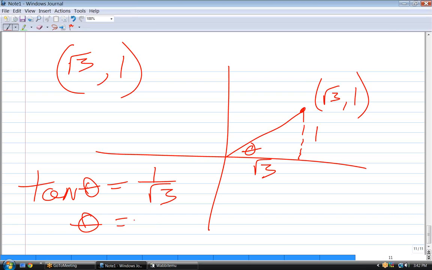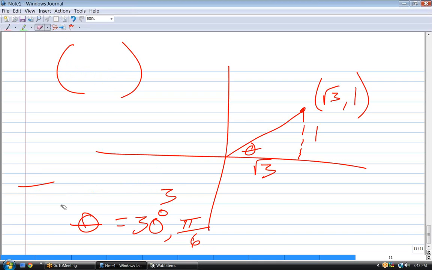Yeah. I call those my unit special triangles, and the reason I call it that is because opposite the smallest angle is always 1. Okay? And then, of course, radians, pi over 6. Okay?